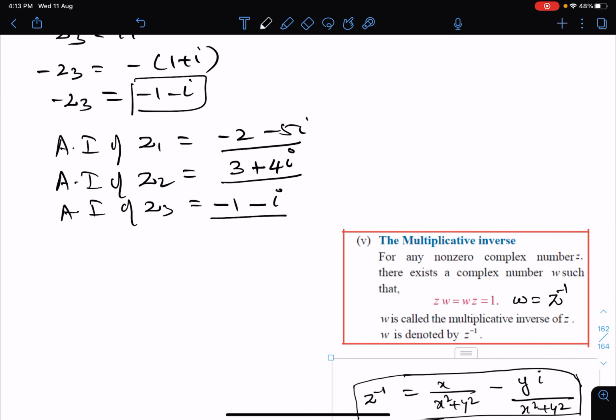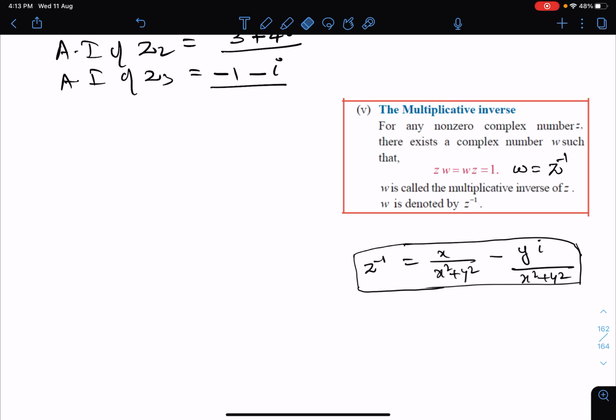First we will write our Z1, Z2 and Z3. Z1 equal to 2 plus 5i. Z2 equal to minus 3 minus 4i. And Z3 equal to 1 plus i.